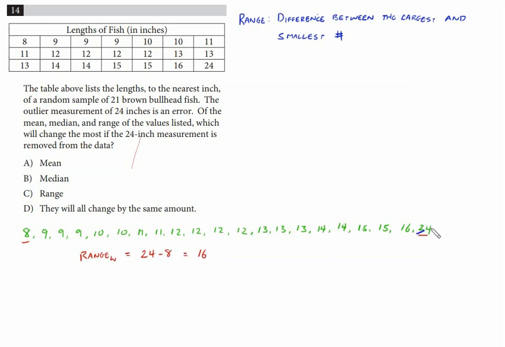But if we eliminate this data point, then the range without is going to be 16 minus 8, or 8. So that means our delta range, or our change in range, is going to be 16 minus 8, which equals 8.